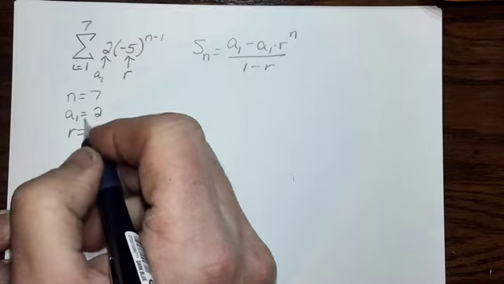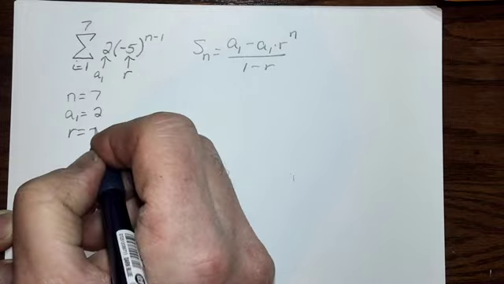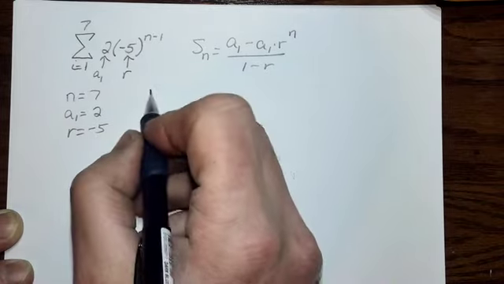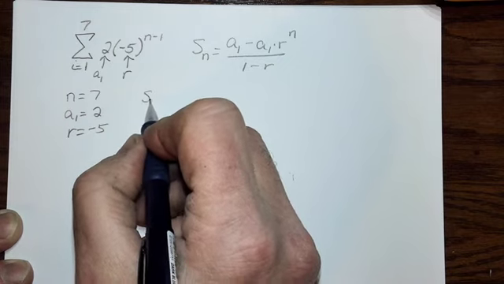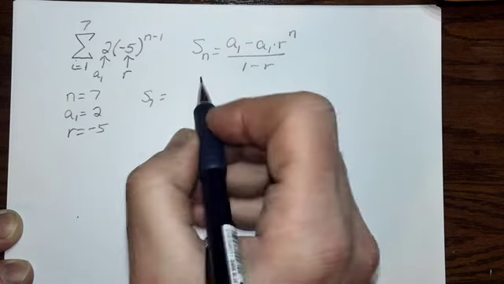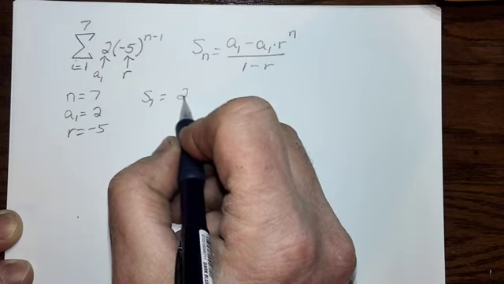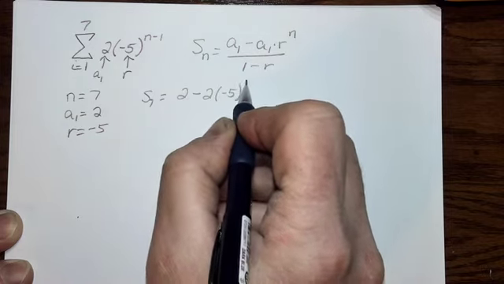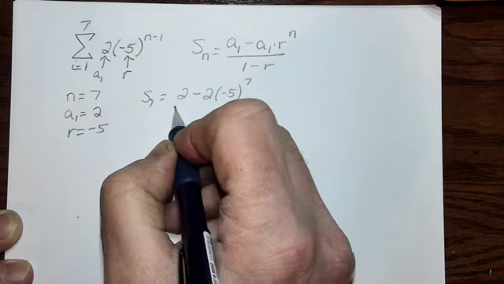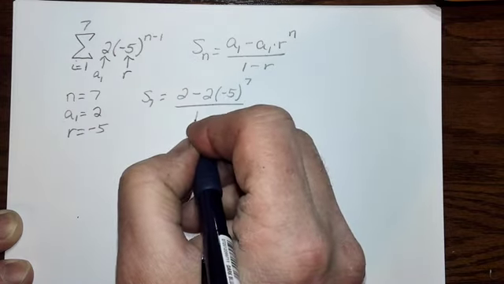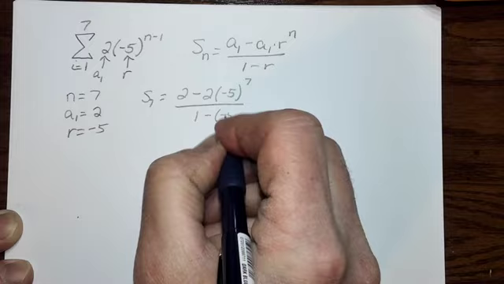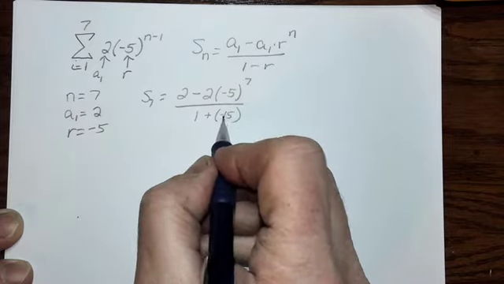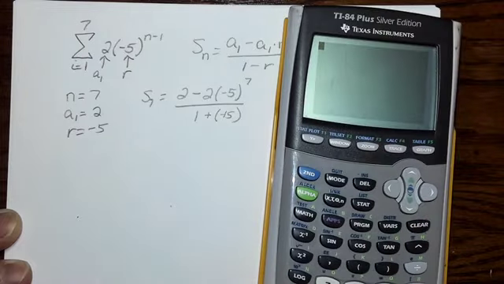So r is this term, which is negative 5. Now I plug it in the formula, and I get the sum of the first 7 terms is equal to a1, which is 2, minus 2 times negative 5 to the 7th over 1 minus negative 5. Be real careful with the sign. Minus a minus is a plus, or actually you could just enter it just the way it is.